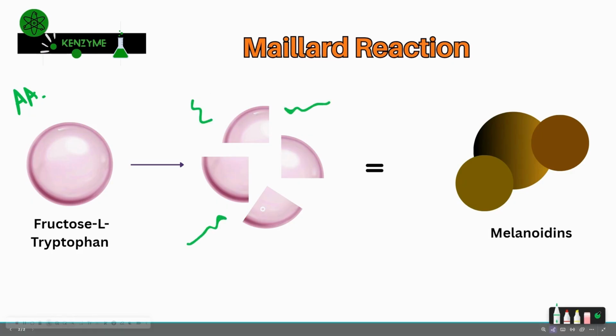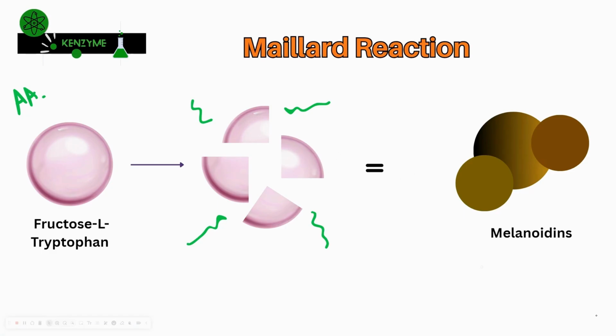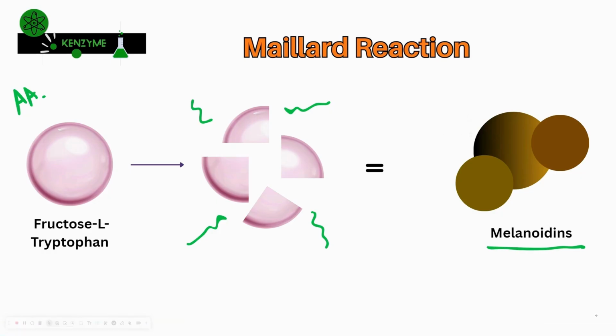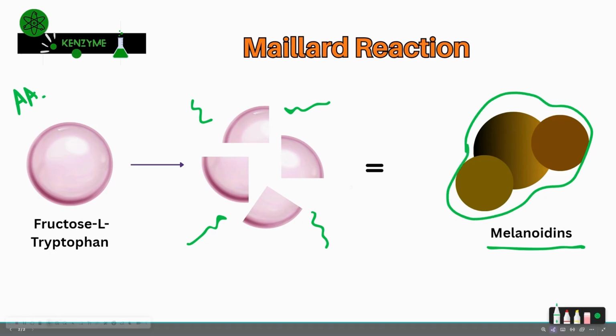It's going to rearrange a couple more times here, go through a couple more processes, and you're going to end up with your melanoidins. This is going to be the profile that gives you that brown color in coffee, and this is going to be what we were talking about earlier. This is how we get there.